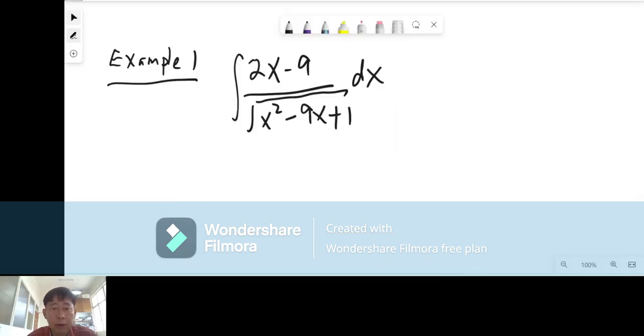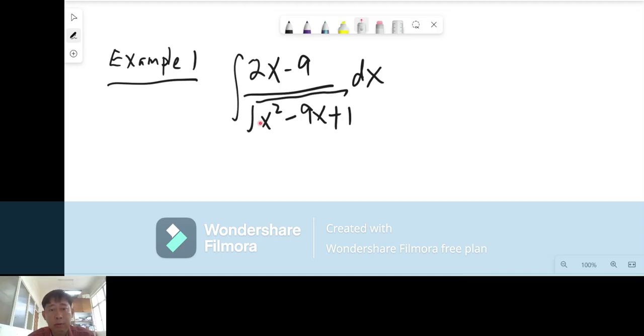Before we proceed on choosing the right substitution, it is very important to realize the relationship between the numerator function and the denominator function. It is quite straightforward to see that the numerator function is a derivative of the argument inside the square root of the denominator function.